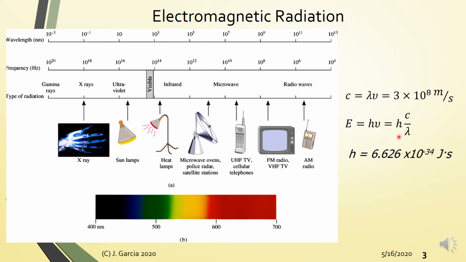Then the resulting unit for energy would be joules. As we can see from the equation, frequency is directly proportional to your energy, whereas your wavelength is inversely proportional to your energy. Meaning to say, the higher the frequency of electromagnetic radiation, the higher the corresponding energy. Likewise, the higher the wavelength, since there's an inverse relationship, the lower the energy becomes.